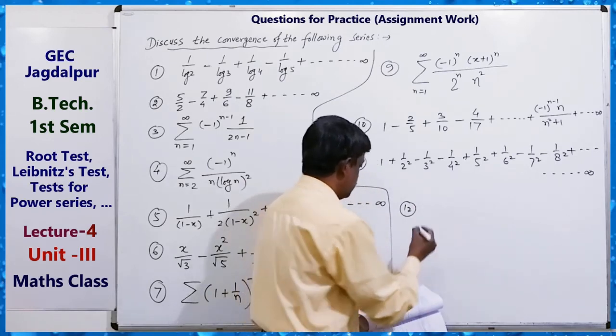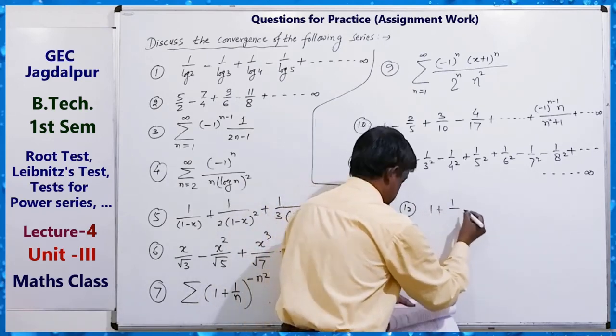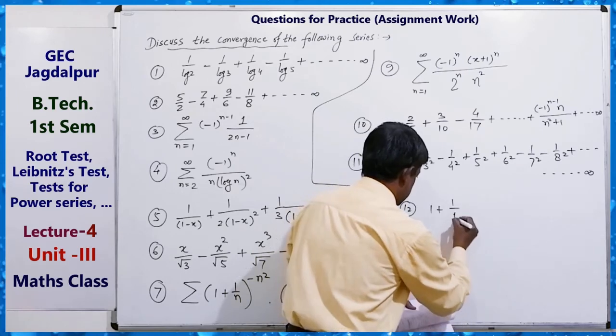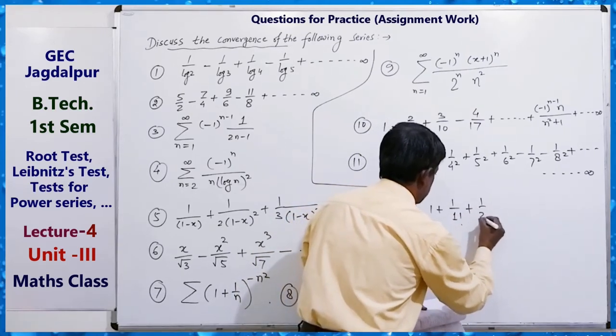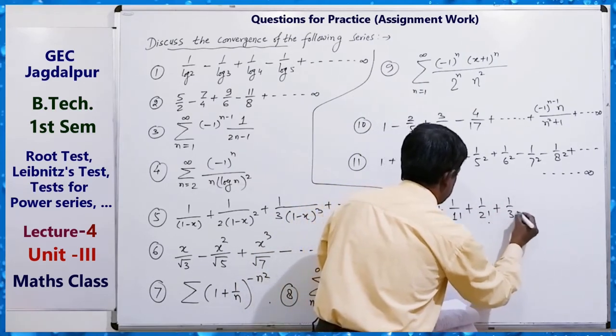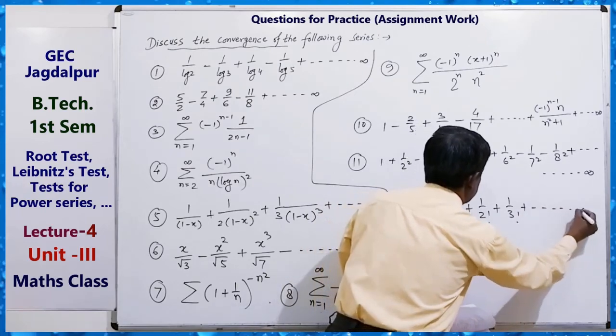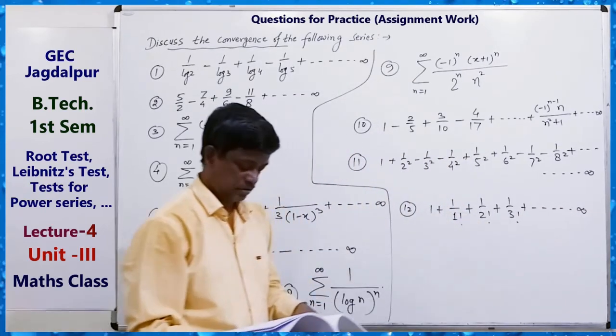One plus 1 factorial plus 1 upon 2 factorial plus 1 upon 3 factorial plus, up to infinity. Okay.